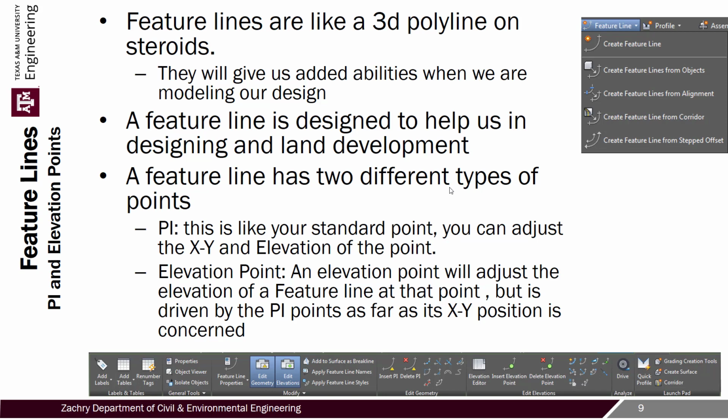What you can do is put in what's called an elevation point. An elevation point's X and Y is controlled by other points. In other words, it sits on a line, in between the 2 points that make up the line. It will change elevation, but it's tied to that line. When the line moves, it moves. So that's kind of cool. You can use that.